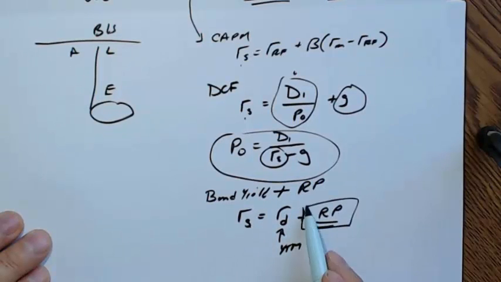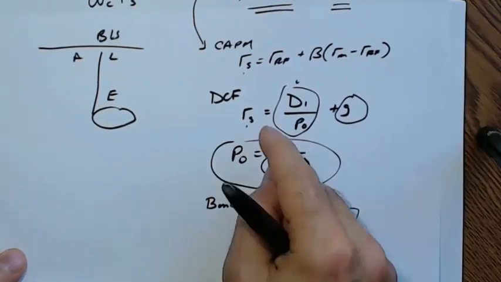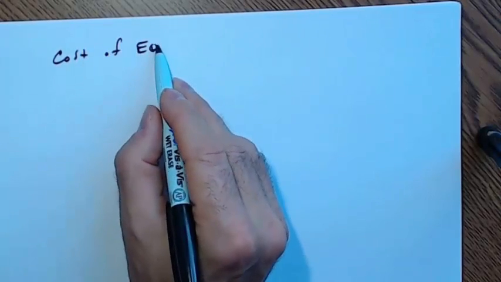You have to add a risk premium onto it. Okay, so let's go through these approaches and actually estimate RS, again, the cost of equity.